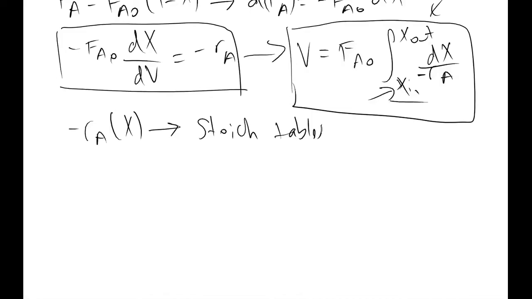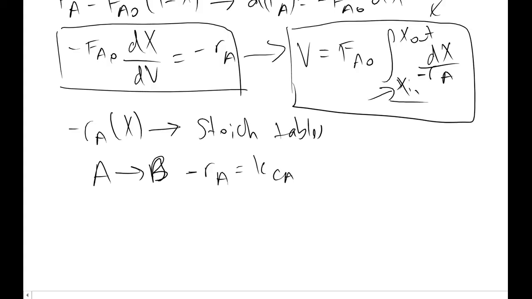I'll give an example of this. Let's say we had reaction A goes to B, so 1 mole of A forms 1 mole of B, and minus RA, because it's the rate of consumption, will be equal to K times CA.